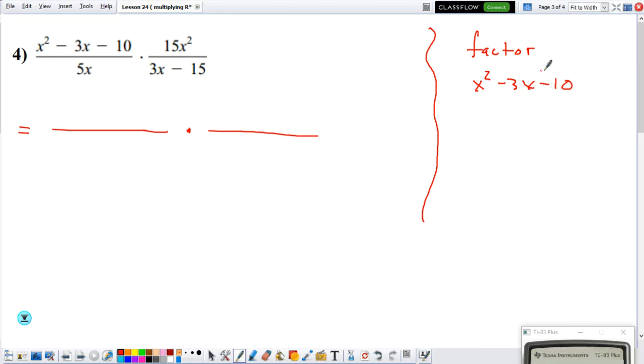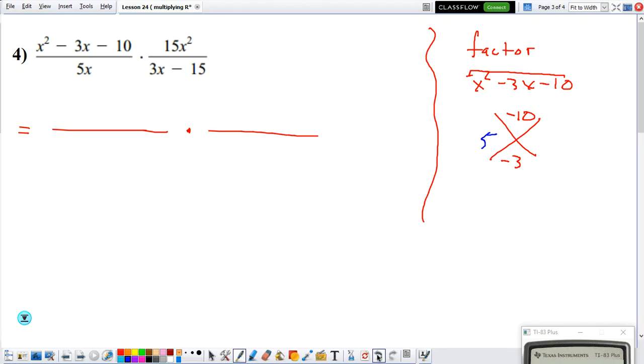Well, notice it's a trinomial, 3 terms, second degree, coefficient of 1, so we can do the x method. What's the number that goes on top? 1 times negative 10, so that's negative 10. Number at the bottom, the middle number, negative 3. So now we look for two numbers that multiply to give negative 10 and add up to negative 3.